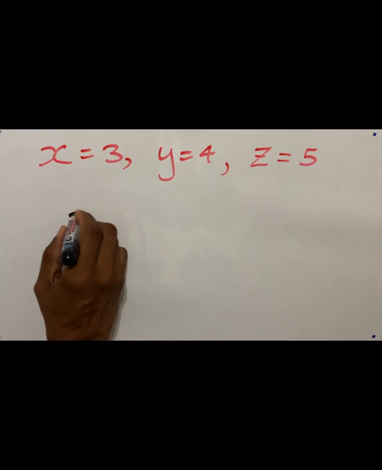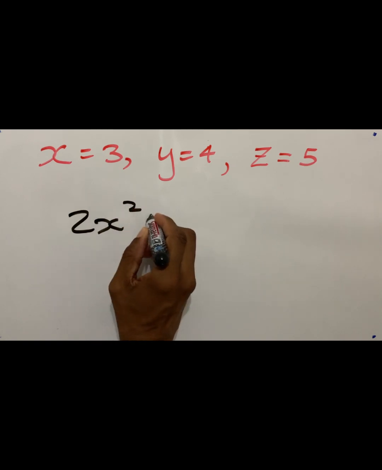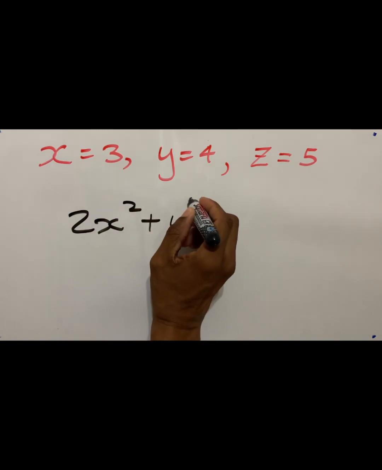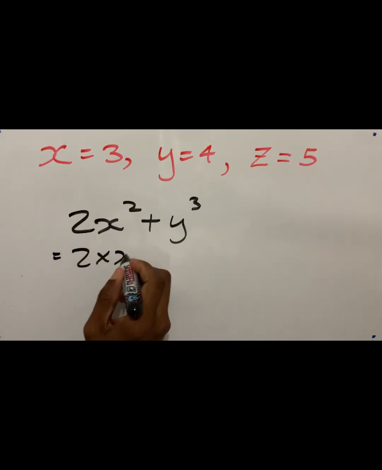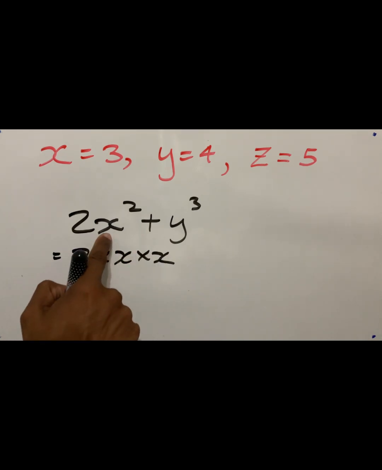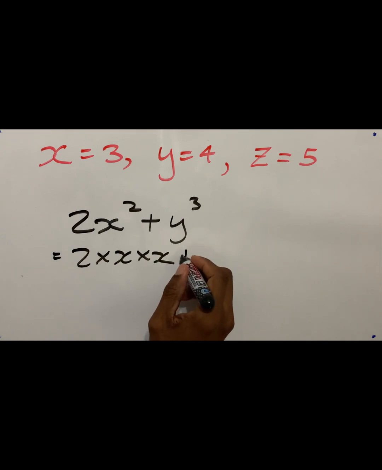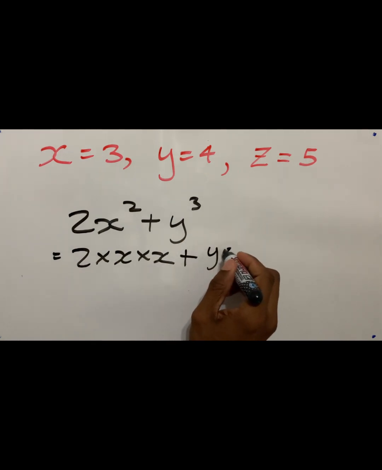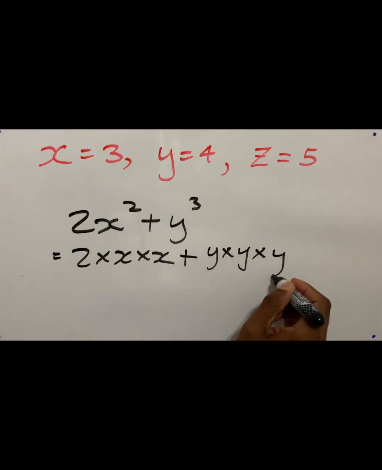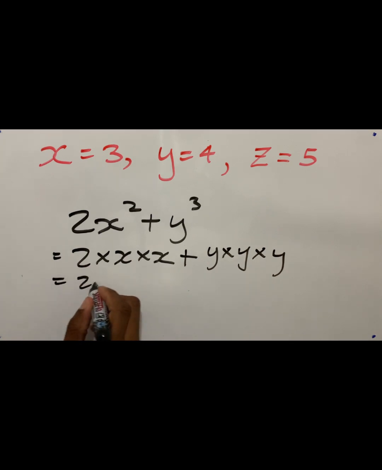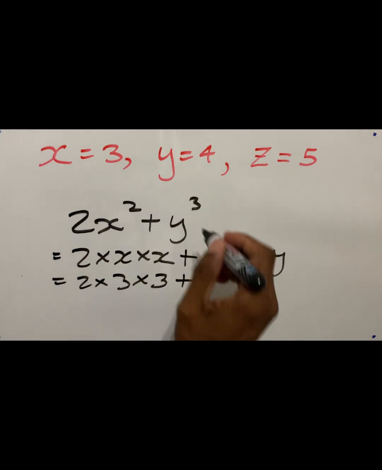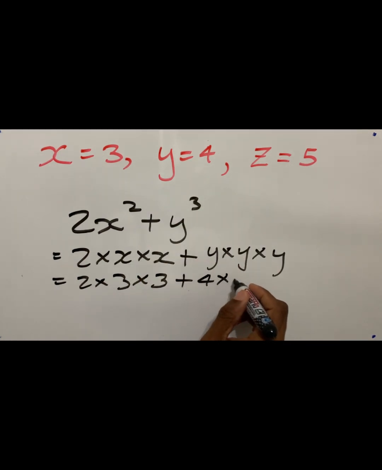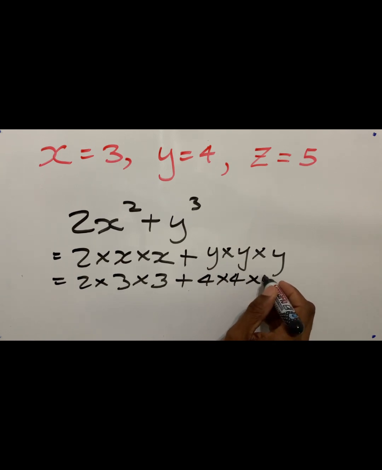Let's say we have 2x squared plus y cubed. This is equal to 2 times x, x multiplied by itself 2 times, plus y times y times y. x is equal to 3, so 3 times 3, and y is equal to 4, so 4 times 4 times 4.